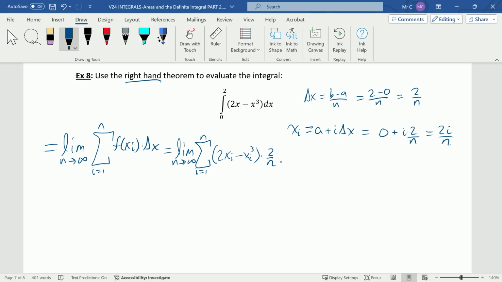Okay, so I wrote my function in terms of x sub i, but now I need to actually plug x sub i in. So I'm just substituting 2i over n in place of x sub i.